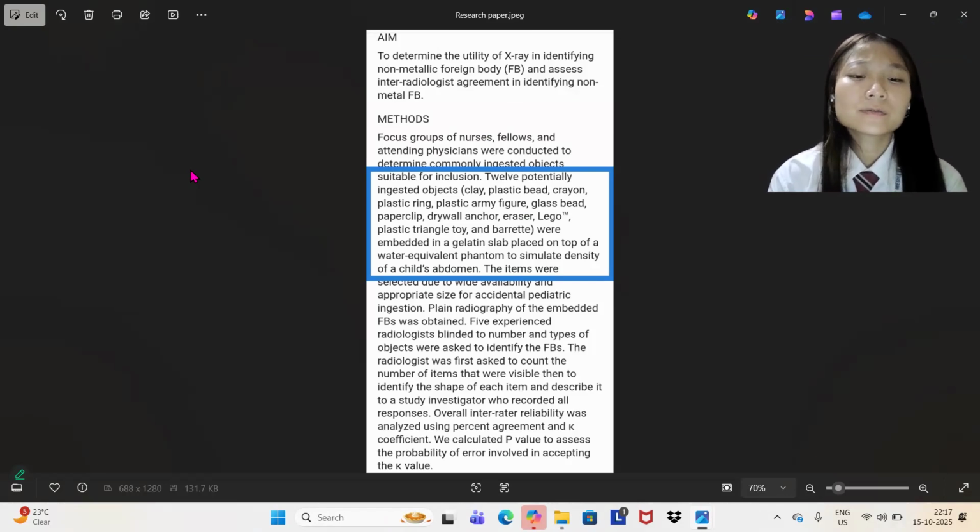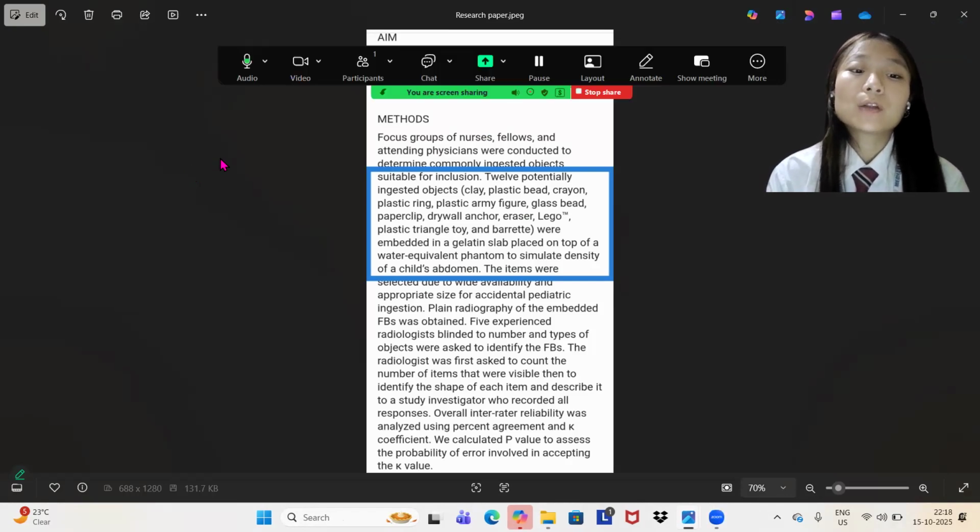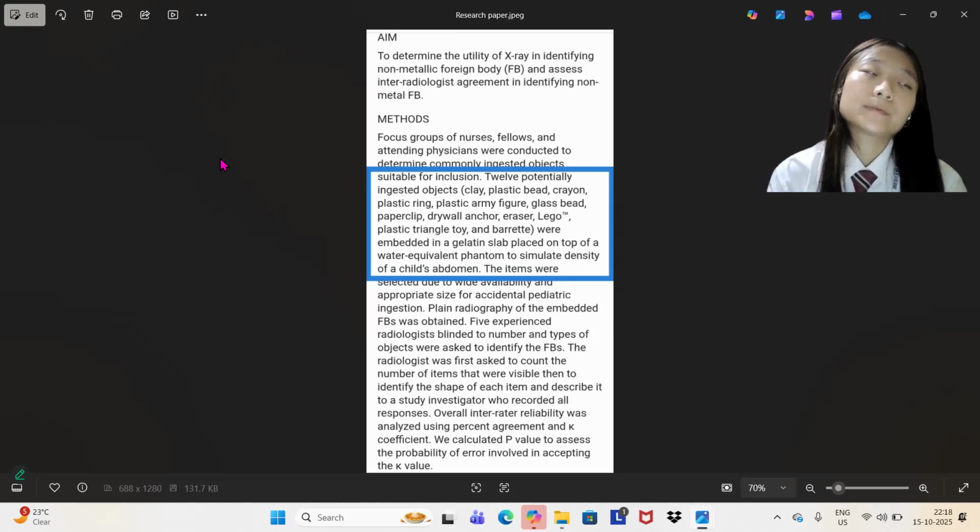The researchers first conducted focus group discussion with nurses, fellows, and attending physicians to list common objects that children might accidentally swallow or insert. So they selected 12 items including clay, crayon, plastic bead, Lego piece, paper clip, eraser, and a barrette.